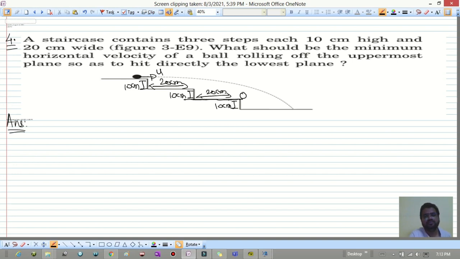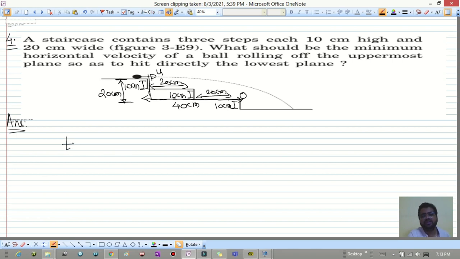And this distance we have is 40 centimeter. And what is the vertical distance we have? That is 20 centimeter. So the vertical distance the ball has to travel is 20 centimeter, and the horizontal distance the ball has to travel from this point is 40 centimeter.